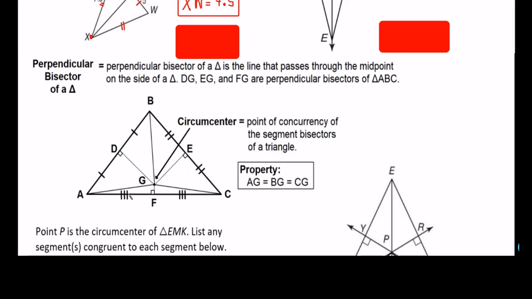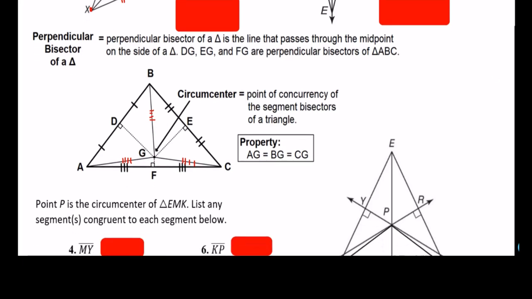I can conclude that these three are the same. Let me use 4 tick marks: 1, 2, 3, 4. 1, 2, 3, 4. So this, this, and this are the same.